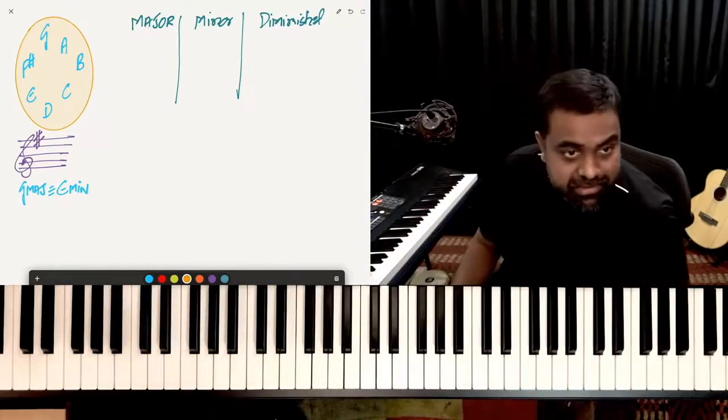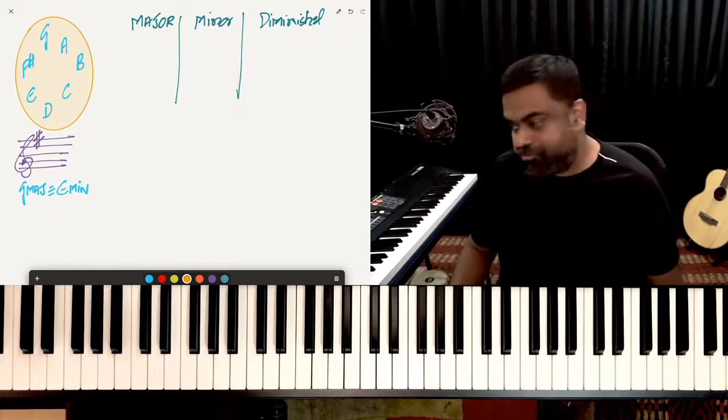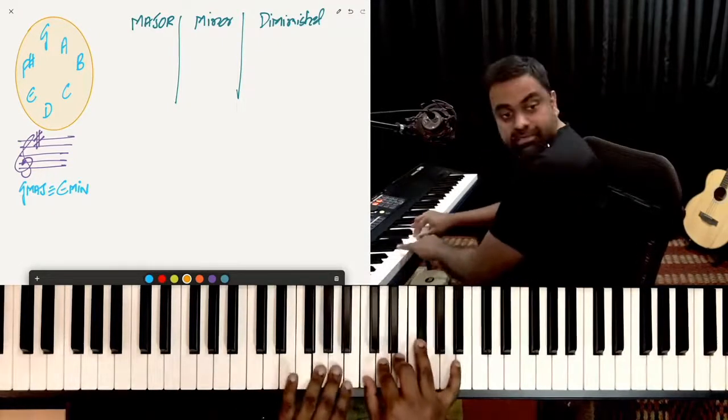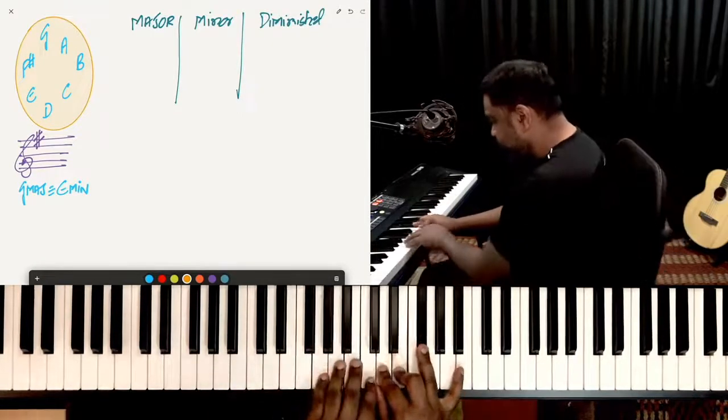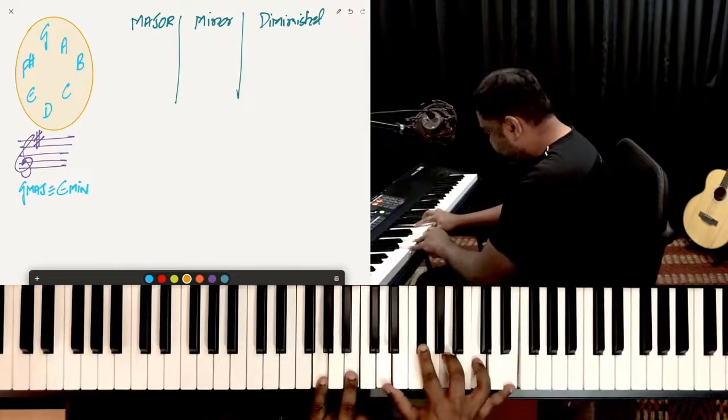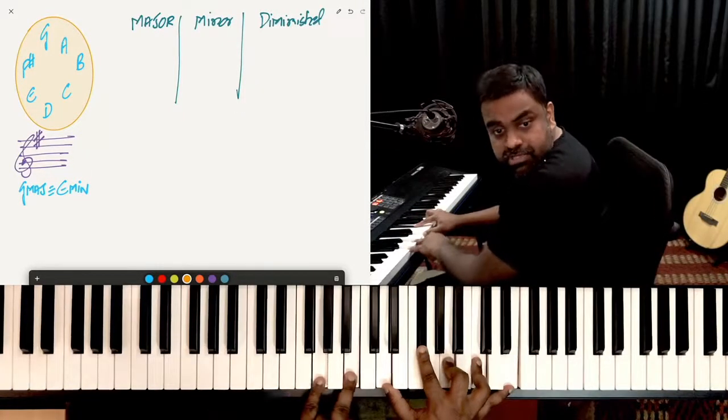It resolves back. So that's just something you need to know. If you play all the notes of the scale together, it sounds very horrible. I mean, it sounds too chaotic and confusing. But if you space them in thirds, it sounds really usable.